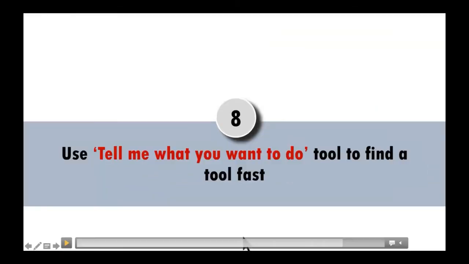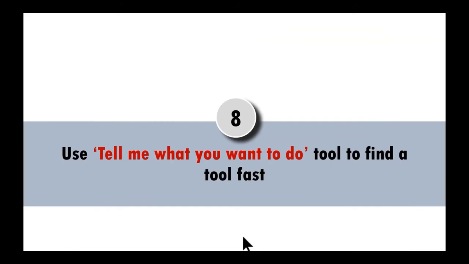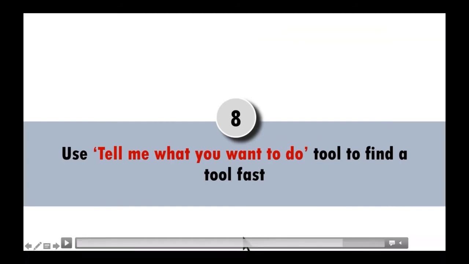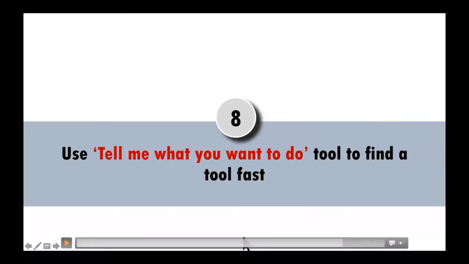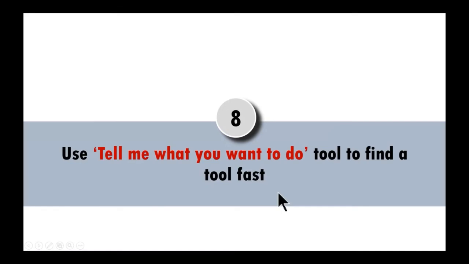Last but not least, I think, is Tell me what you want to do, to find tools fast. For example, there are too many options available in the ribbons, but it's not easy to find all of them. Sometimes you forget in which ribbon an option is available, so you can find it very easily, even in Microsoft PowerPoint, Word, Excel, all the Microsoft applications.